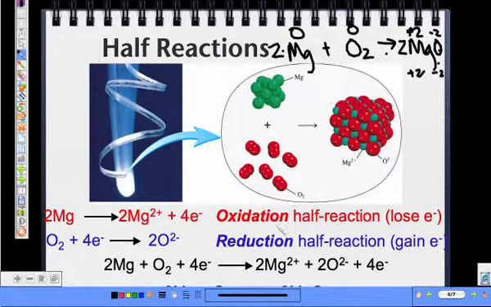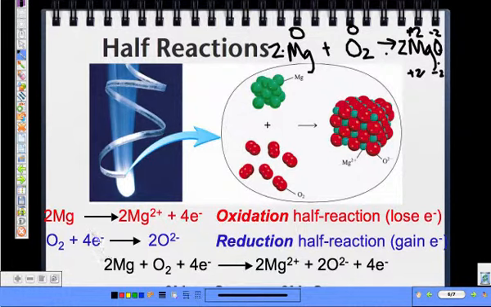So for the oxidation half reaction, we look at the element that's being oxidized, magnesium, and we just show what happens to magnesium. Magnesium goes from this free elemental form into a magnesium ion, and it has lost 4 electrons because each magnesium is 2+ and there's 2 magnesiums, so we've lost a total of 4 electrons. Oxygen has gone from 0 to -2, so this is the reduction half reaction.